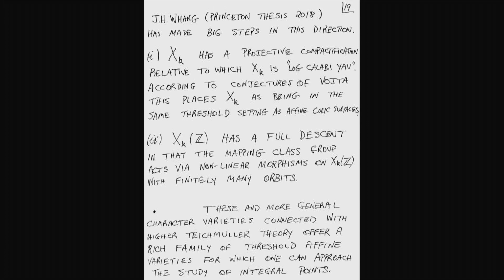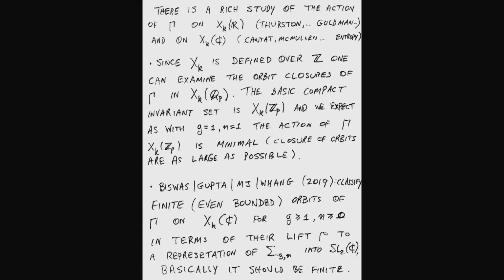So this is one direction where you can clearly want to try to repeat some of the theorems that are proven before. And let me state one or two such problems that are still, I think, fundamental. In the case of the real points, so if I take this character variety and I look at the real points, Thurston and later Goldman and other people have studied the action of the mapping class group on the real points, on all the components Goldman did.